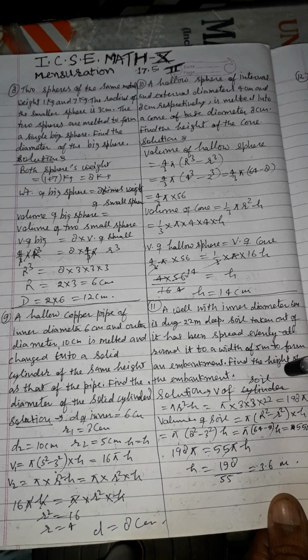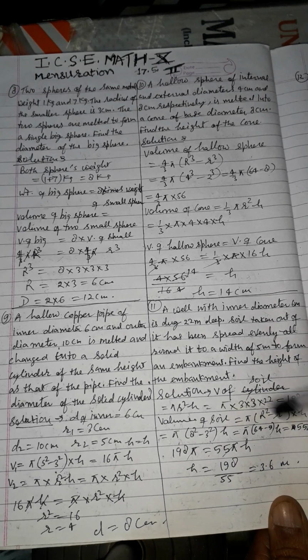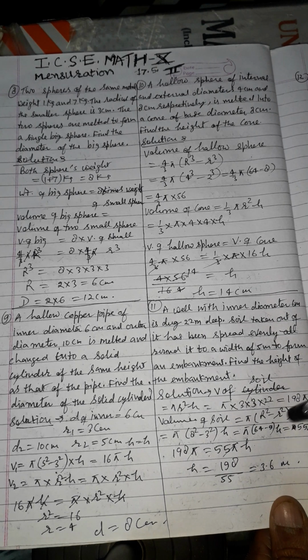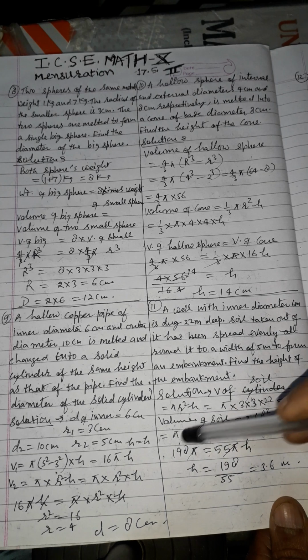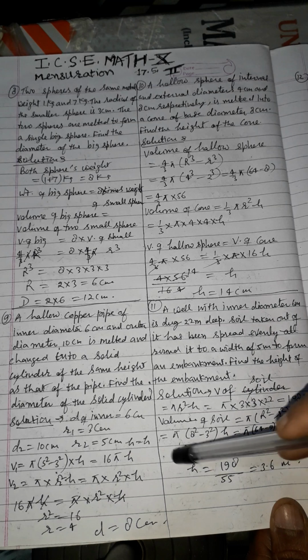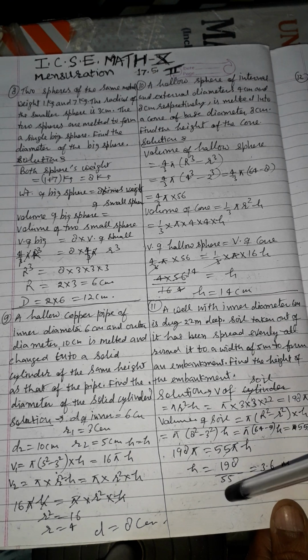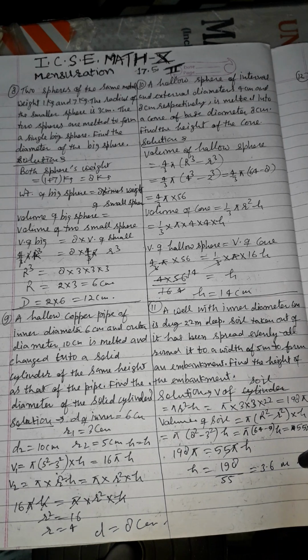Solution: volume of the soil is pi r square h, pi into 3 into 3 into 22, it is 198 pi. Then volume of the embankment is pi into capital R square minus small r square into h, pi into 8 square minus 3 square into h, pi into 64 minus 9 into h, which is 55 pi h. Equating with 198 pi, h is 198 upon 55, it is 3.6.